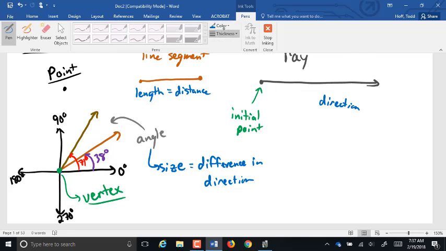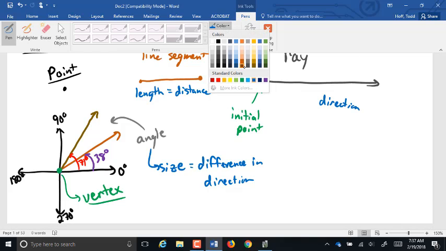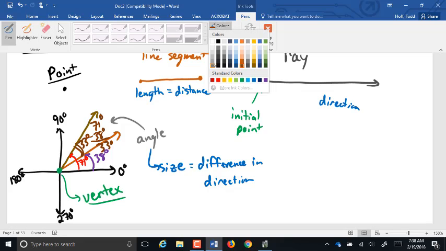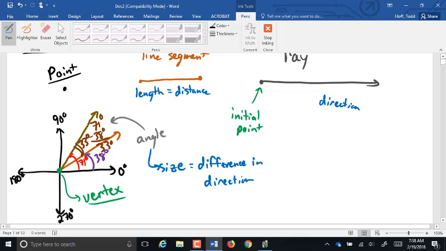So here, one of them is at 71 degrees, one of them is at 38 degrees. The difference is 33 degrees. This angle here is 33 degrees.